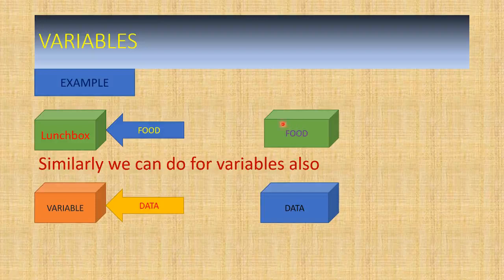And once the food is stored in the lunchbox, we will be able to eat this food whenever we want by opening it. Similarly, once the data is stored in the variable, we will be able to fetch this data and change this data whenever we want. So this is how a basic variable looks, and this is the main concept behind the variable.